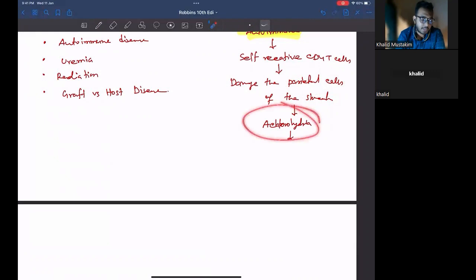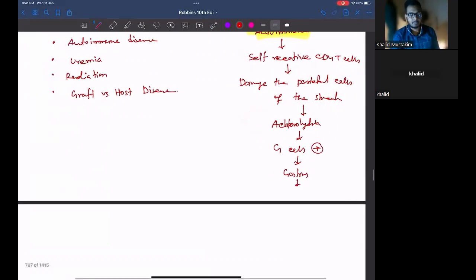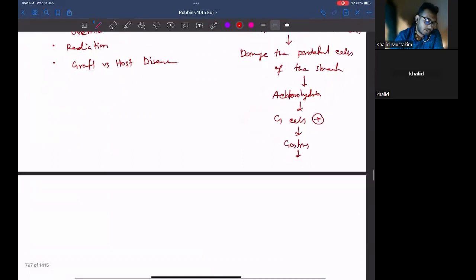When achlorhydria develops in a patient, another type of cell, the G cells, become stimulated and secrete so much gastrin. And when so much gastrin comes, it results in gastrinemia, or hypergastrinemia.